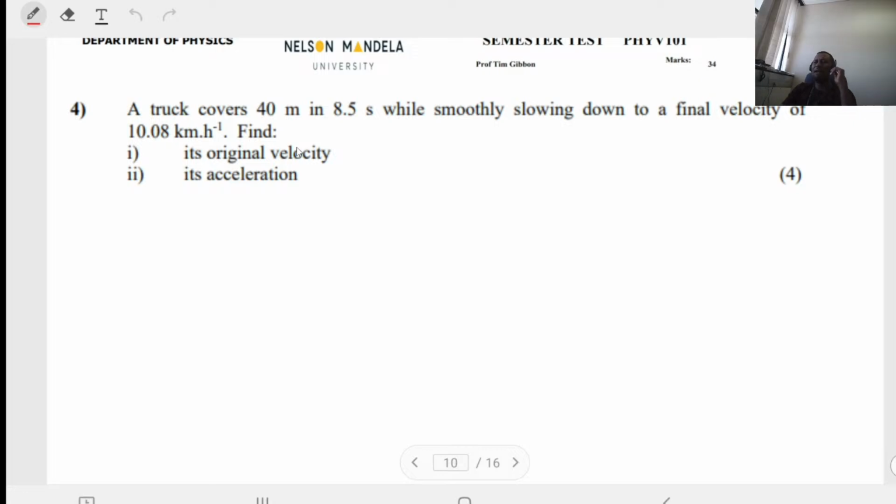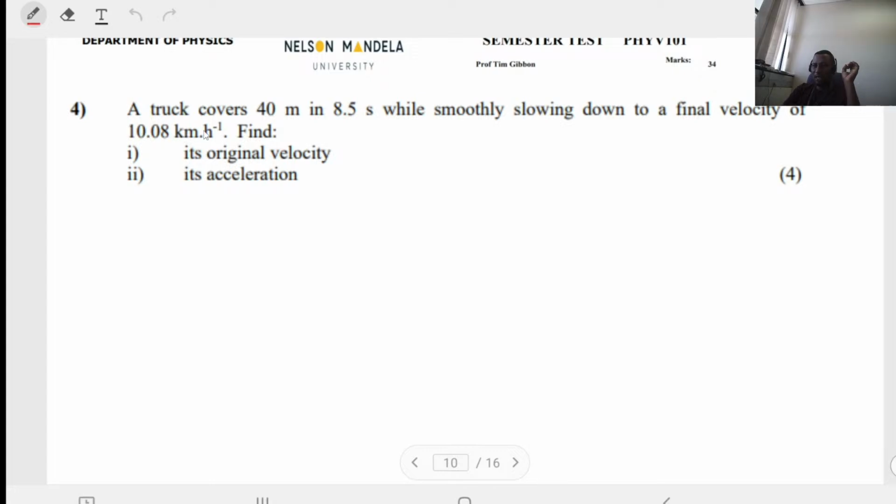What is the initial velocity? It's decelerating, therefore there is a change in velocity. It must start with something and slow down to 10.08 kilometers per hour. I hate this one. It's supposed to be in meters per second. Remember, guys, maybe the teacher wanted to check what you're thinking.